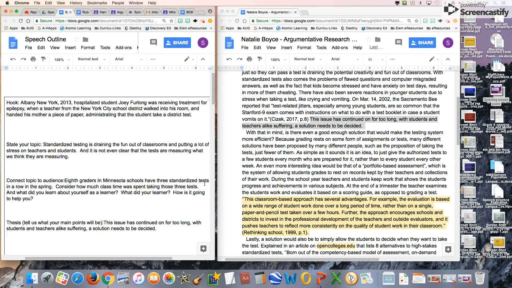And then she wants to tell us right here what her main points are going to be. Okay, she's going to tell us that there are different ways to evaluate students, or to allow students to decide when to take tests.